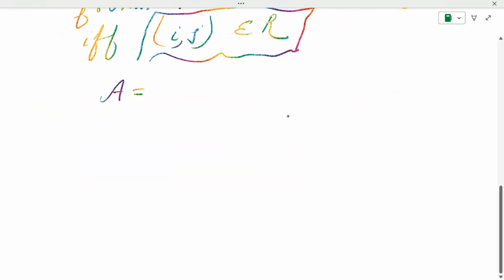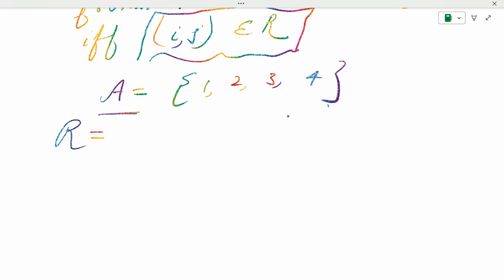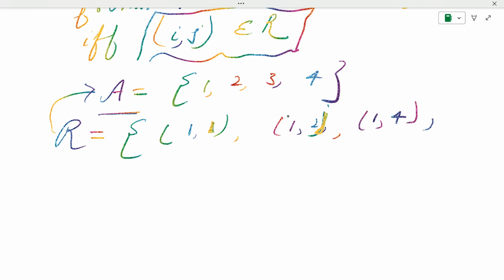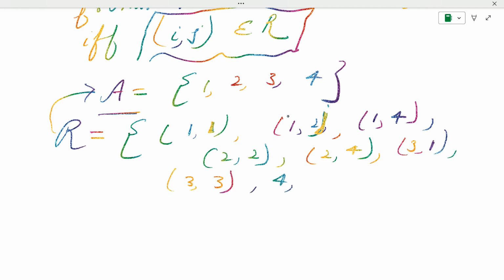So let's say we have a set A which consists of elements 1, 2, 3, 4, and a relation is defined on A, which contains ordered pairs like (1, 1), (1, 2), then (1, 4), then (2, 2), then (2, 4), then (3, 1), (3, 3), and of course (4, 1).